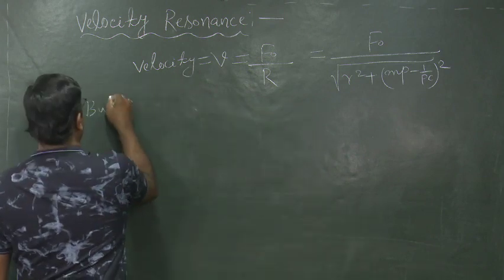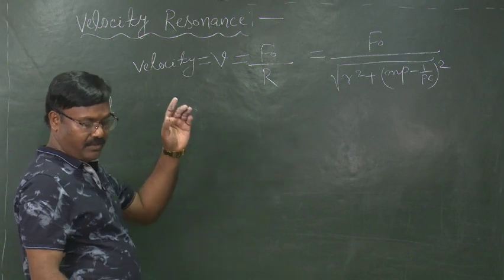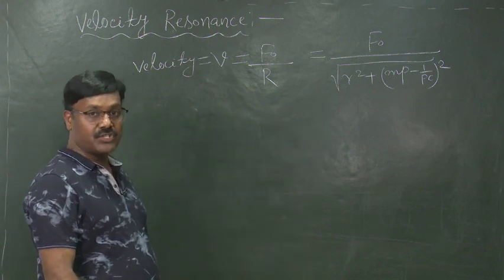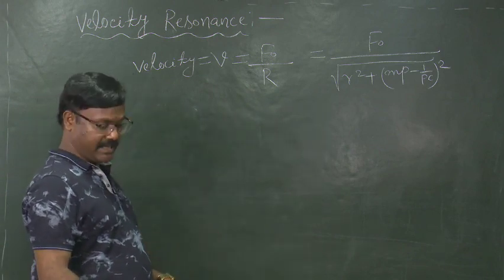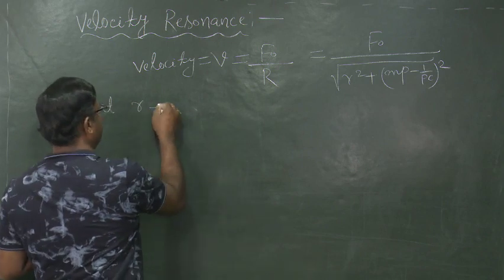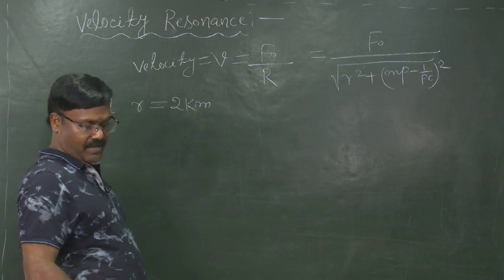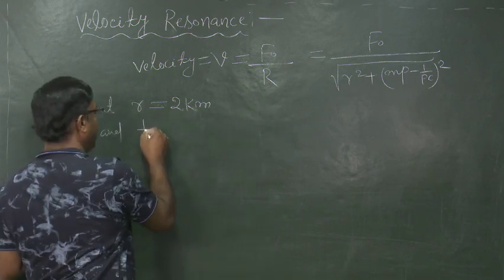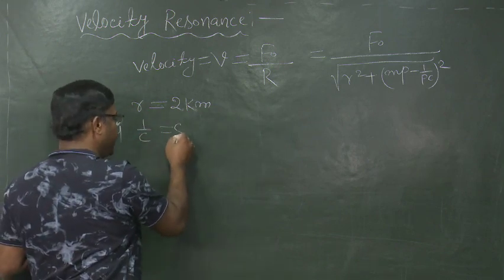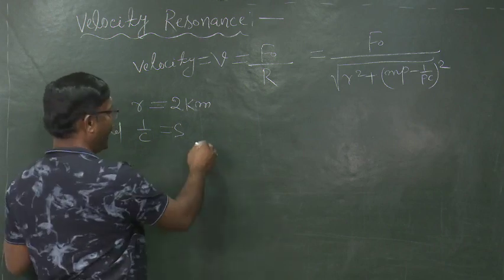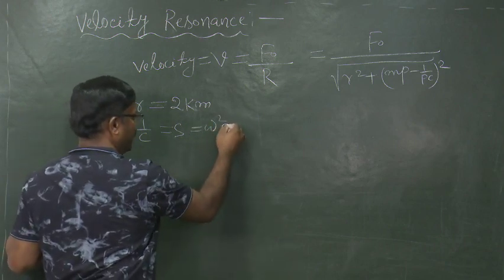But while we are discussing forced oscillations, we have taken r is equal to 2km and 1 by C is equal to S is equal to ω²m.